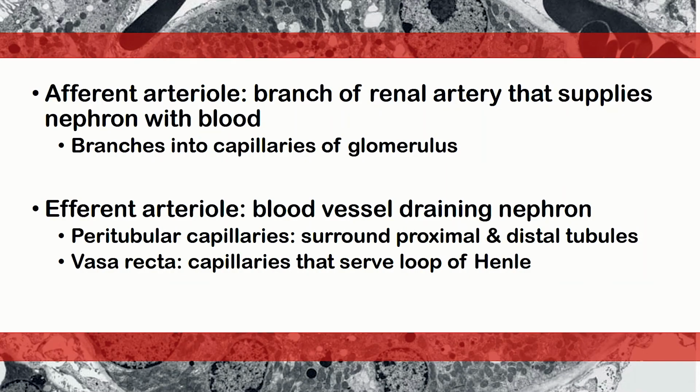The blood flowing to this structure, the nephron, is regulated by two main sets of arterioles. The first of these is referred to as the afferent arteriole. The afferent arteriole is a branch of the renal artery that supplies the nephron with blood.